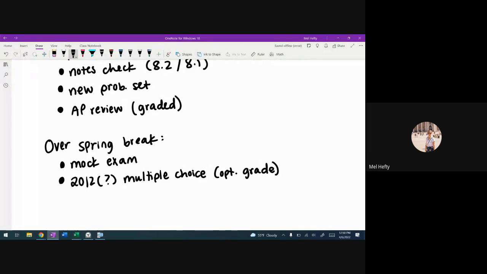If you would like to practice some multiple choice, pad out your 4th quarter grade, that is going to be there for you. I'm using the 2012. It's the last one, I think, unless I can find a newer one that's fully released so you can take it, work with it. I'll put the answers up, but essentially if you have the answers with correct work, then you'll just get a free like 100% grade on that.